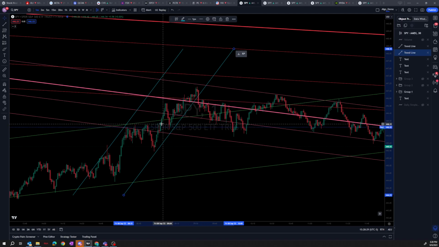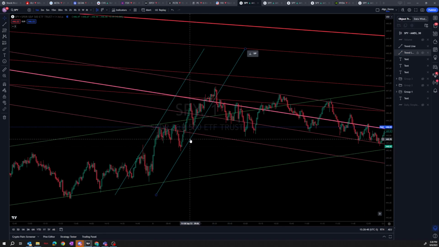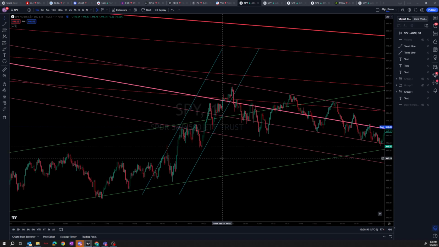If you bought it right here, you could have sold it at a loss right here, but you held on because the algo was still working. You sold it right here, which is below this blue line. You lost a little bit of money, but you sold it right here instead of here, so you made some kind of profit. So that's one way to do it.